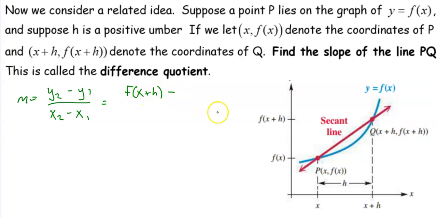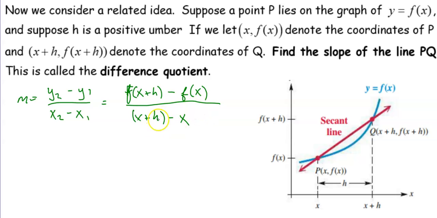My y value minus my first y value, which is just f of x. Let's be consistent with my nomenclature. And then we take our x values and subtract those. My second x value is x plus h minus my first x value, which is just x.